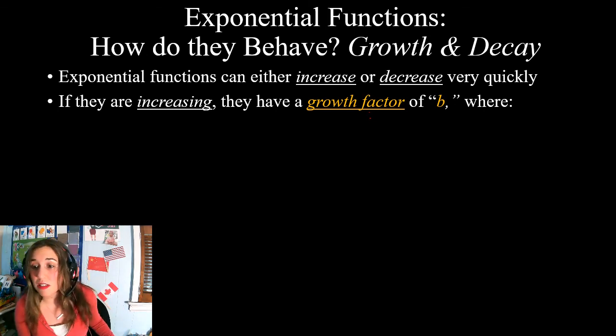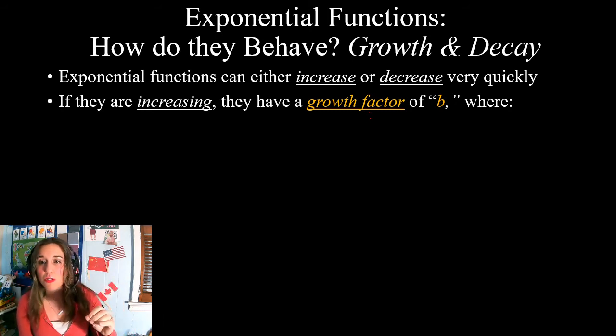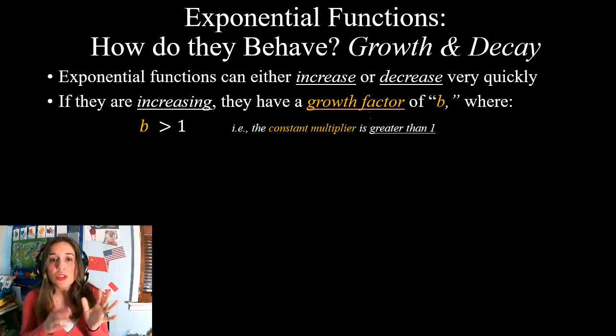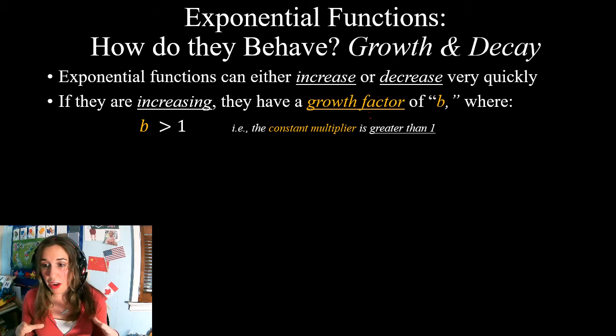Growth factor and constant multiplier are the same. Our growth factor, our b, our constant multiplier, occurs when it is greater than 1. So our constant multiplier is considered a growth factor if b is greater than 1.